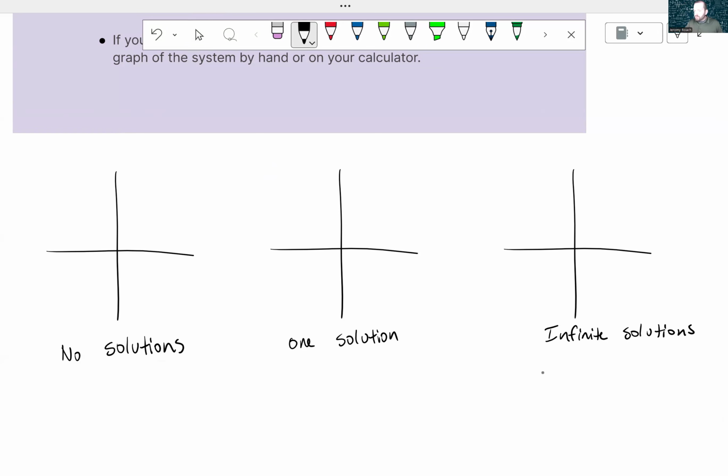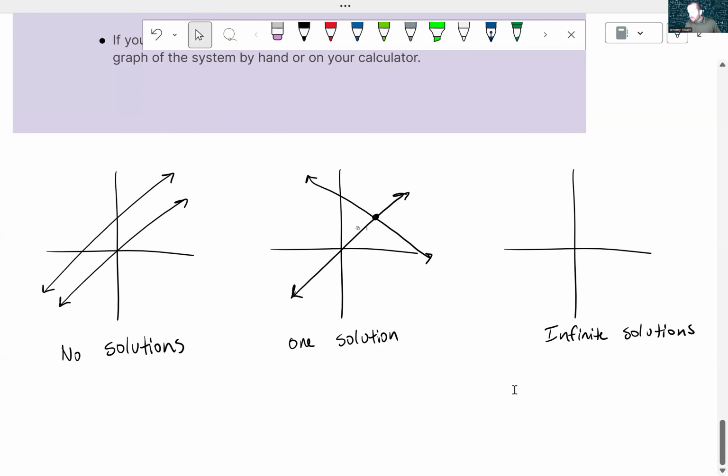So no solutions would be if we have two parallel lines. They never cross, and so we never get a solution. One solution would be just standard, where we have one line going one direction and another line going another direction, and they cross at just one point.